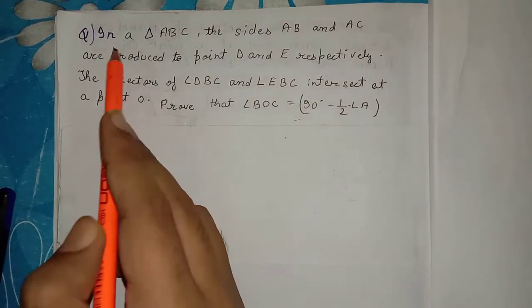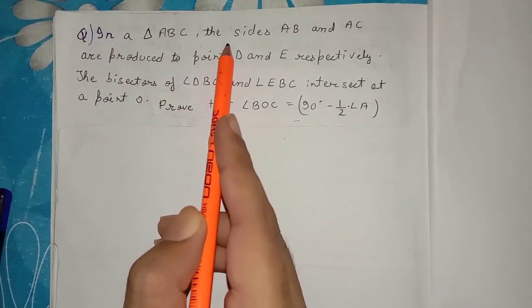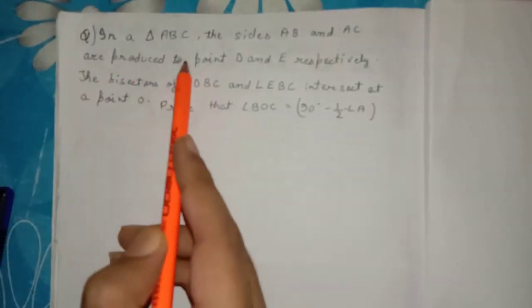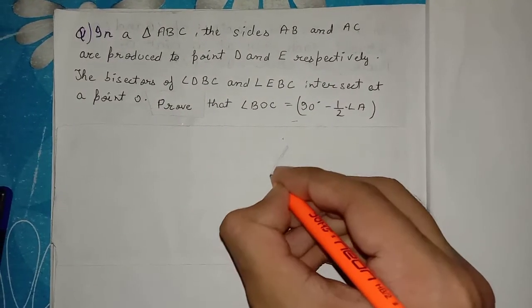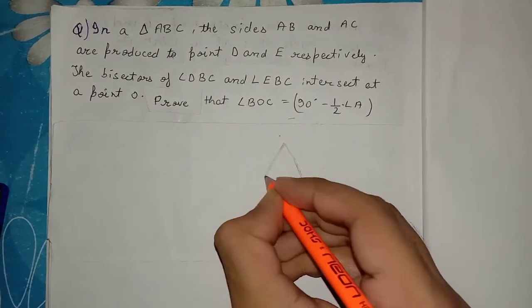In the question it said that in a triangle ABC, the sides AB and AC are produced to points D and E respectively. So here is our triangle ABC.